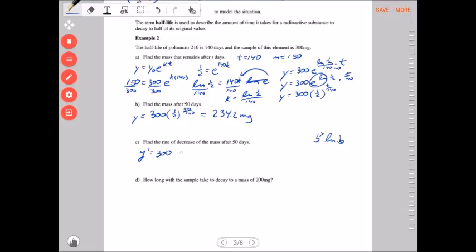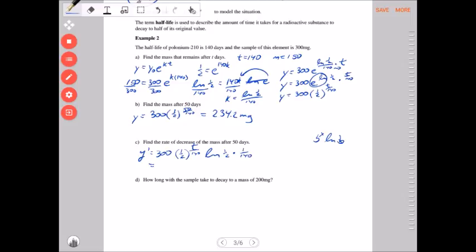So that's going to be 1/2 to the 50 over 140 ln 1/2, and then we take the chain rule of the t over 140, and we just get 1 over 140.